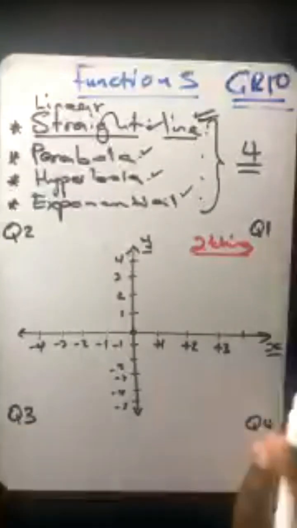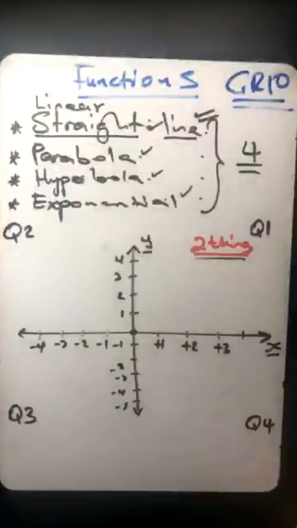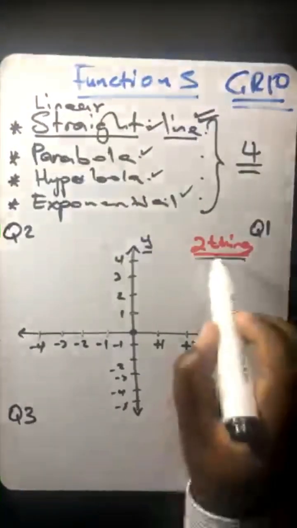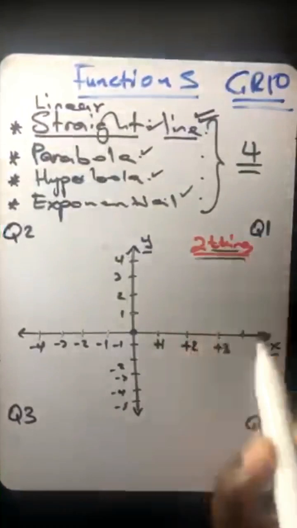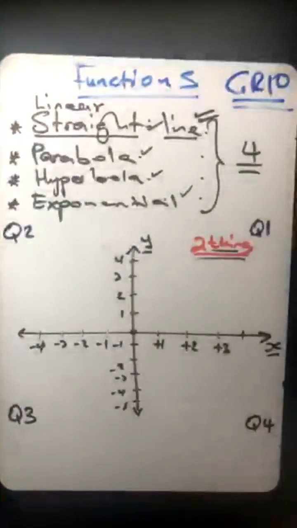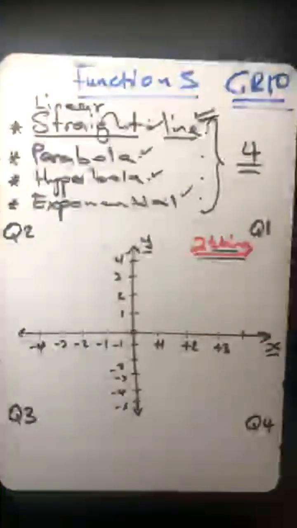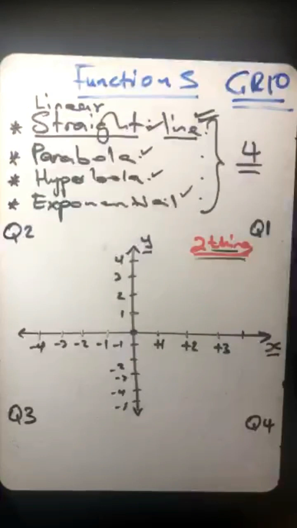Okay, so now, most importantly, I've just emphasized the fact that you need two things. Listen very carefully. I've just said two things. So we are now about to use the correct words instead of things. What are those two things that you need? Those are what we call the coordinates or the points.